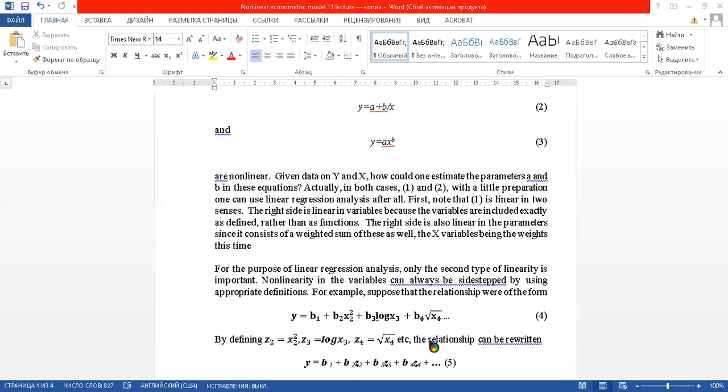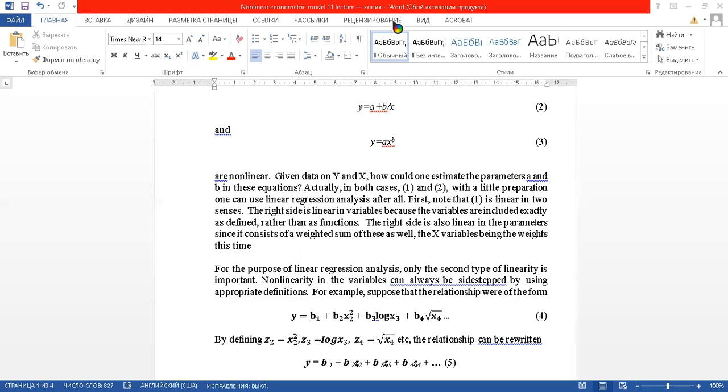For the purpose of linear regression analysis, only the second type, linearity in the parameters, is important. Nonlinearity in the variables can always be sidestepped by using an appropriate definition.